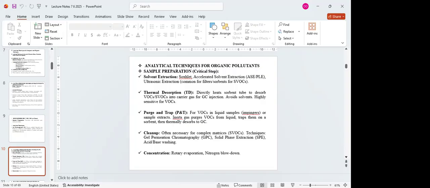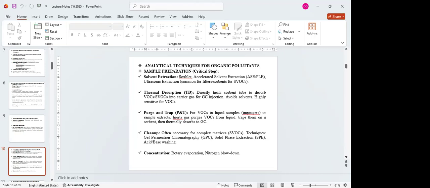The rotary evaporation process is a process whereby the pollutant, which is sensitive to heat, is separated from the solvent that dissolved it or extracted it from the initial surface at a temperature that is way below its boiling or decomposition temperature.